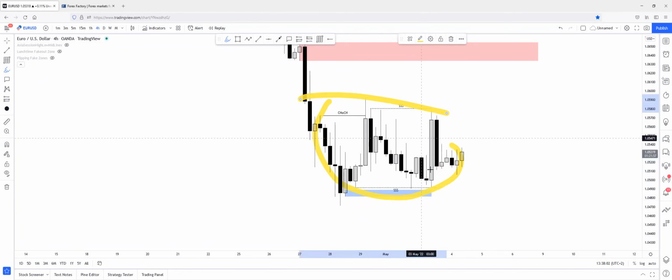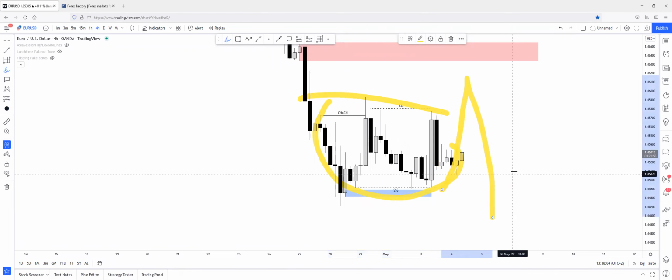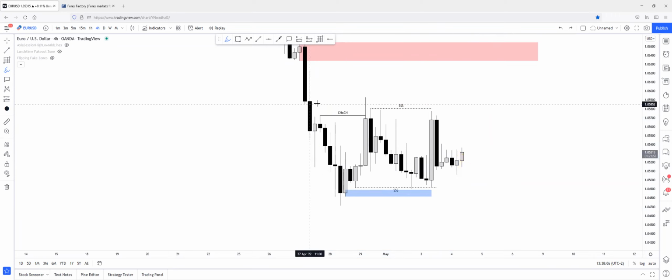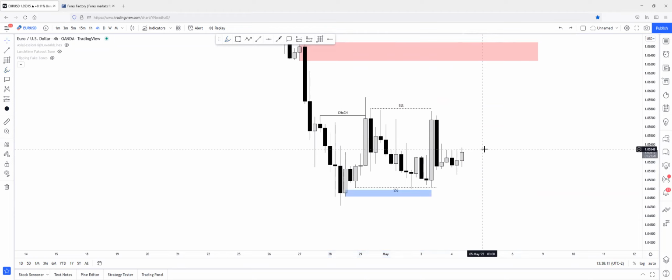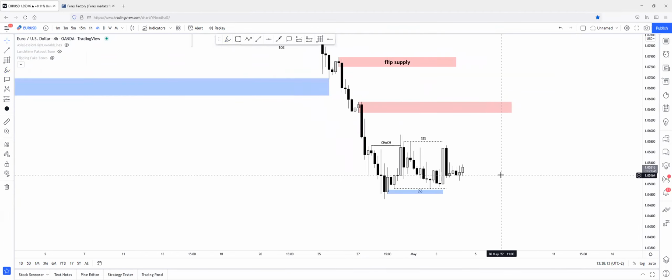So all of these ranges are preparing for the FOMC and NFP movements. This week, we'll see the sweep of this low and high, but we have to wait for confirmation. That's all about the 4-hour chart. There's nothing much to say about it. Just take a look at yesterday's markups. The 4-hour markup today is the same as yesterday.